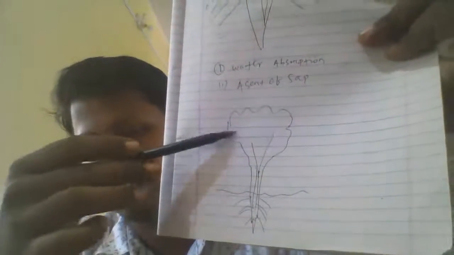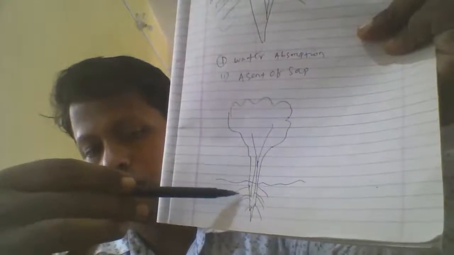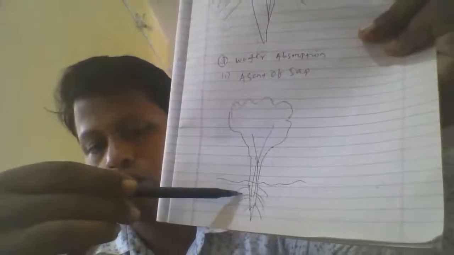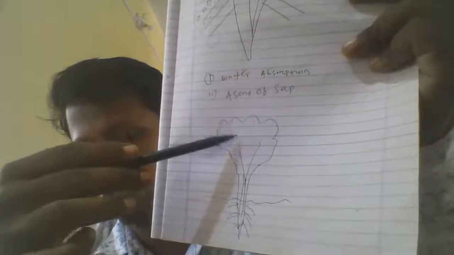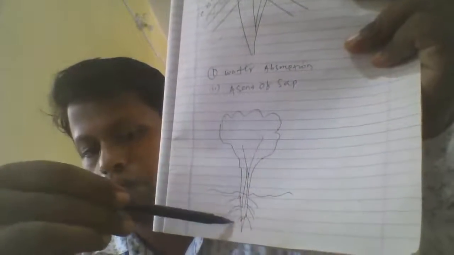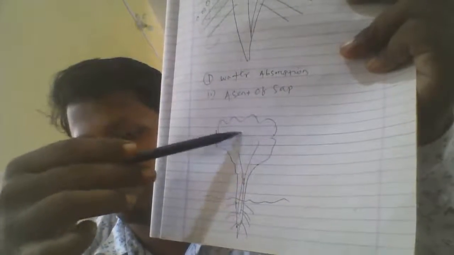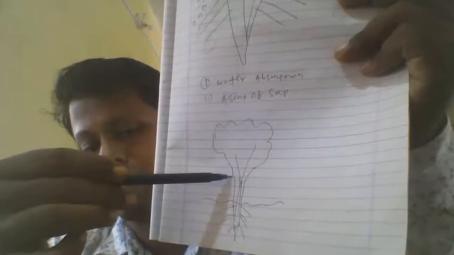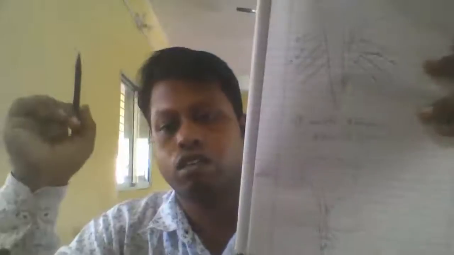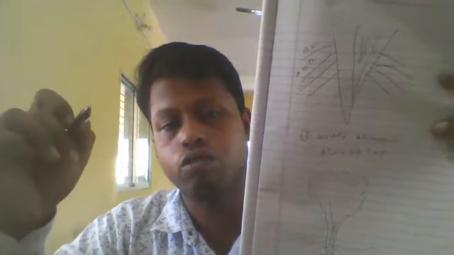This plant contains the root, and this root has the root hair. This root hair helps to transport water from the root to the shoot part of the plant body. So from the root, the water reaches the different parts of the shoot. Shoot means there is a stem as well as leaf. The water is going to reach the shoot part, right?